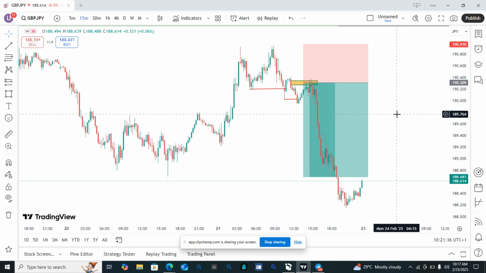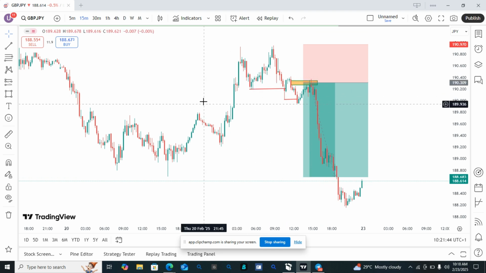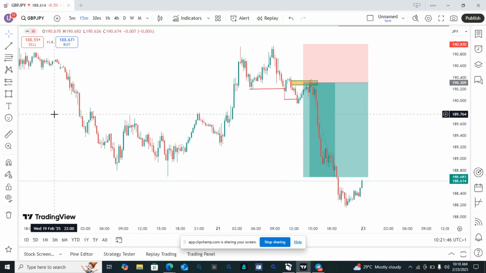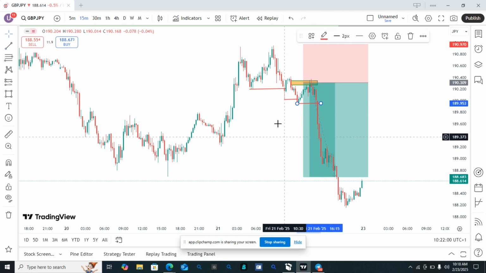As you can see, immediately price came in, price tapped me in without any drawdown. And I was even hoping that price would give me another trading opportunity. When price tapped me in, I was hoping that if price broke this zone like this, that would give me another entry.